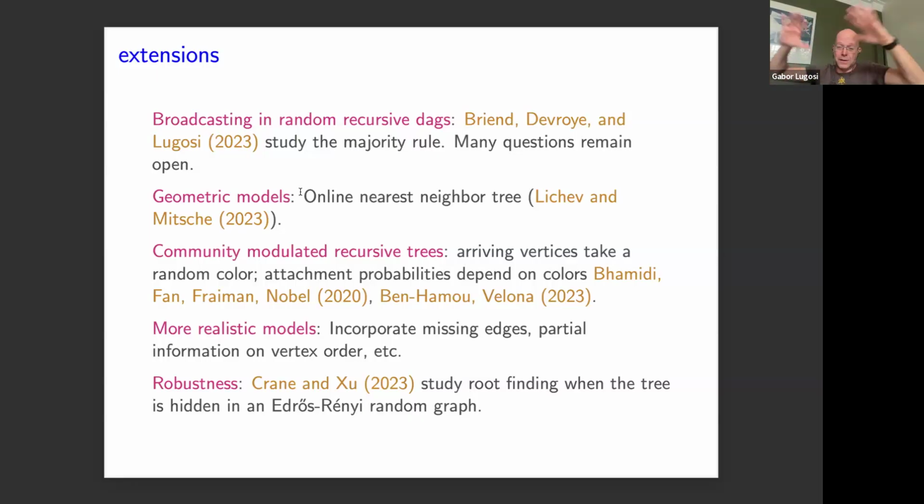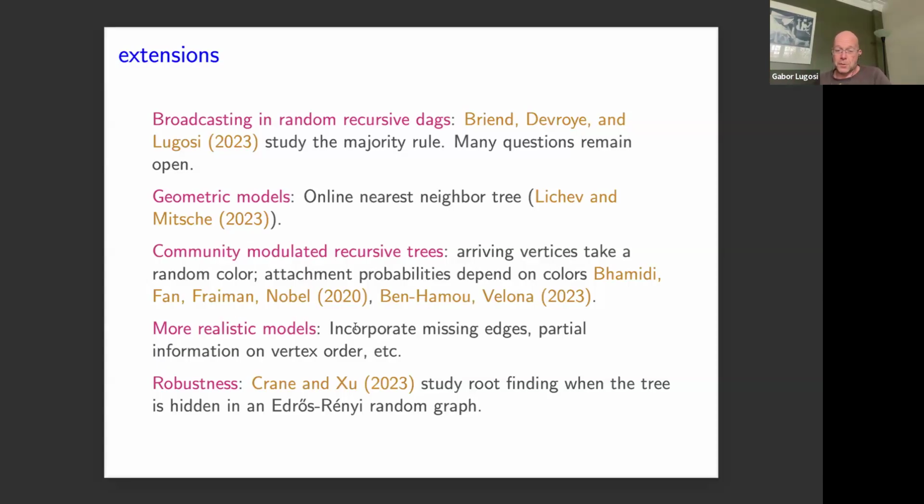So let's say we are in some geometric space. The first vertex is just a randomly chosen point. We pick another point and attach. So when a new point arrives, it attaches to the nearest vertex. So can you do network archaeology in those kind of models?